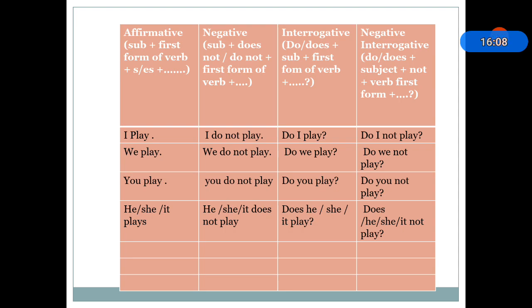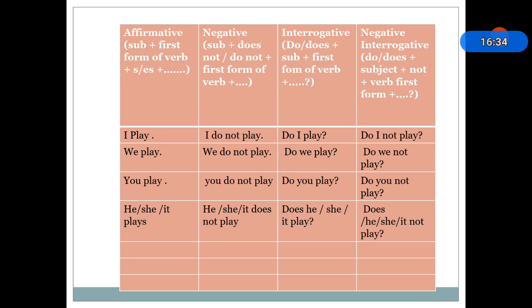And does he/she/it not play? So again the same way. Here, with I, we and you, we have used only "do", and "do" has come out of the sentence. It has taken the place of the subject to frame a negative interrogative sentence.